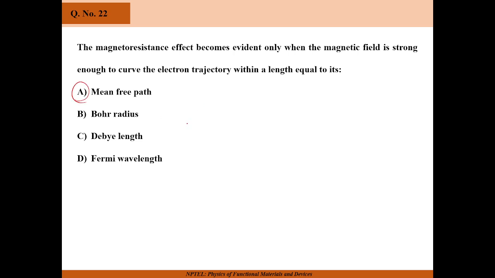Now let me ask you, what is mean free path? Any idea? You can just type on the screen. Yeah, that is the thing. If you see an electron moving, the average distance it moves between two consecutive collisions.